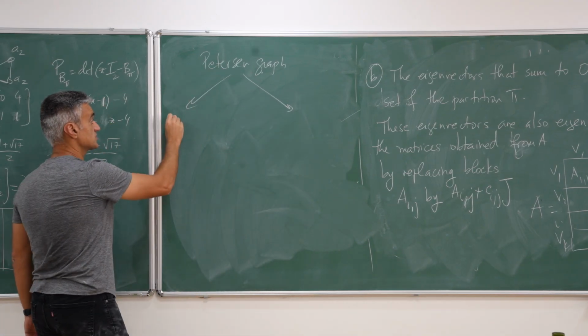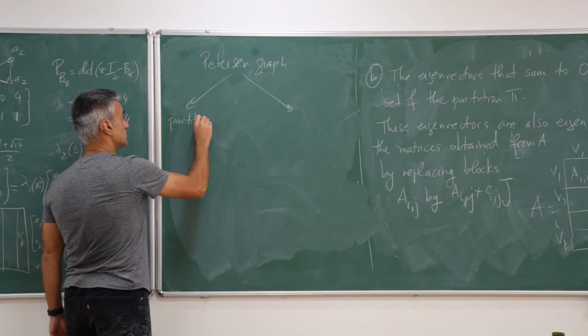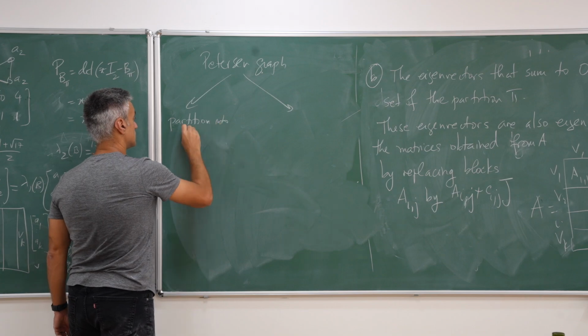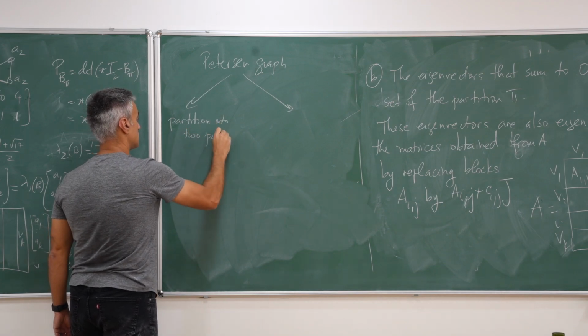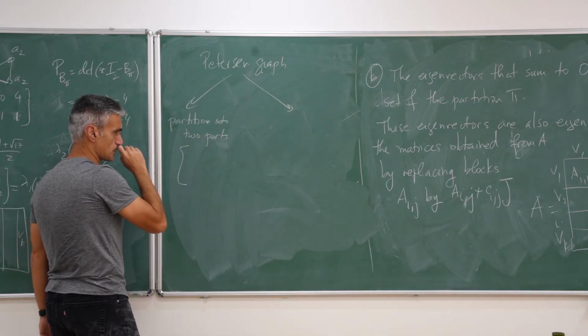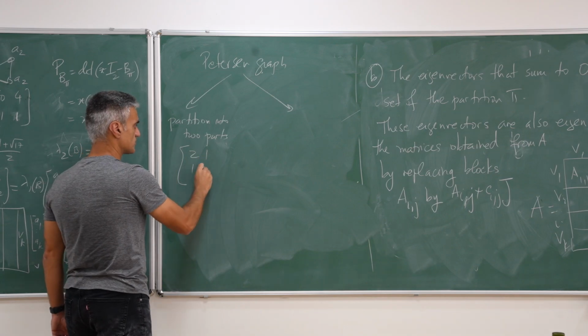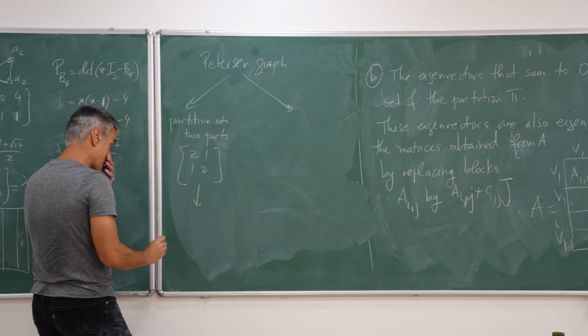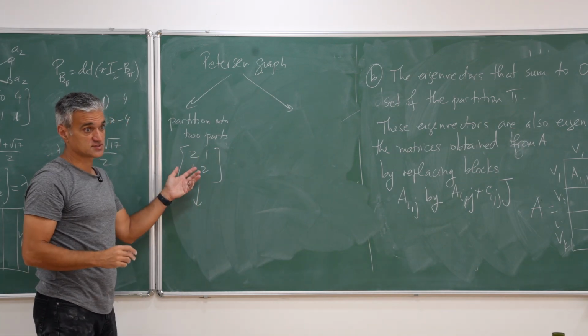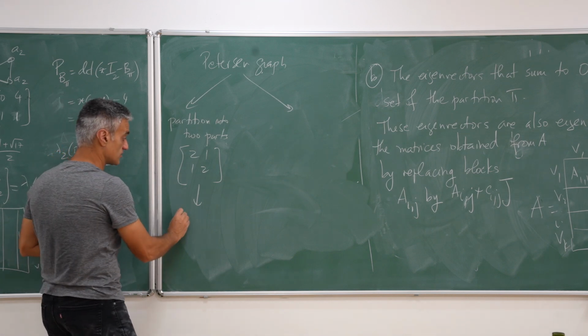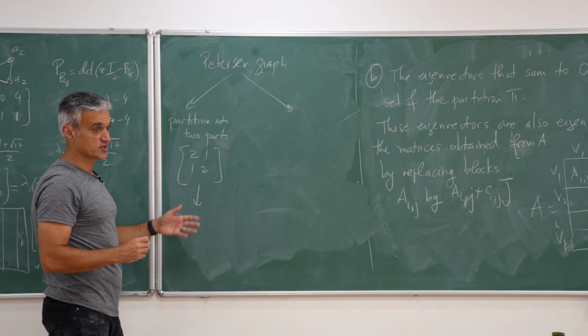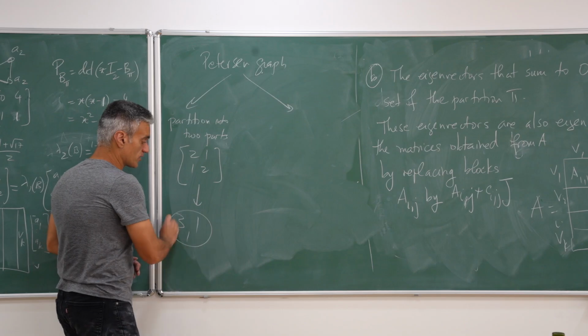When you did the partition into two parts, we had the quotient matrix 2, 1, 1, 2. And what do we get? Here it's easy because the row sum is 3, so you get 3 as an eigenvalue. And then it's the trace minus that, so you collect 3 and 1.